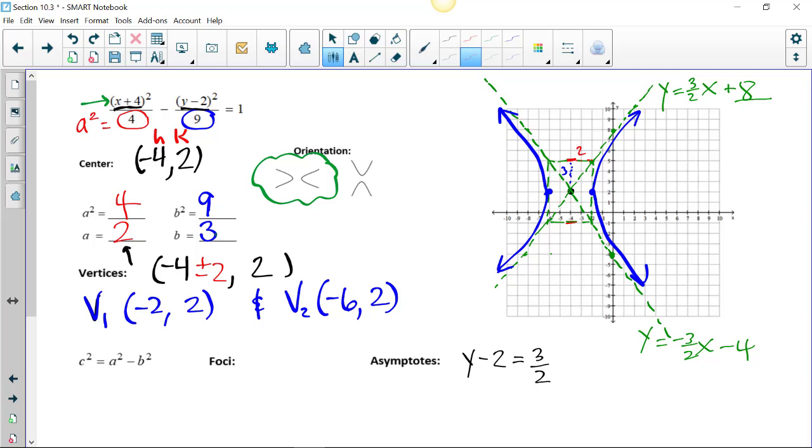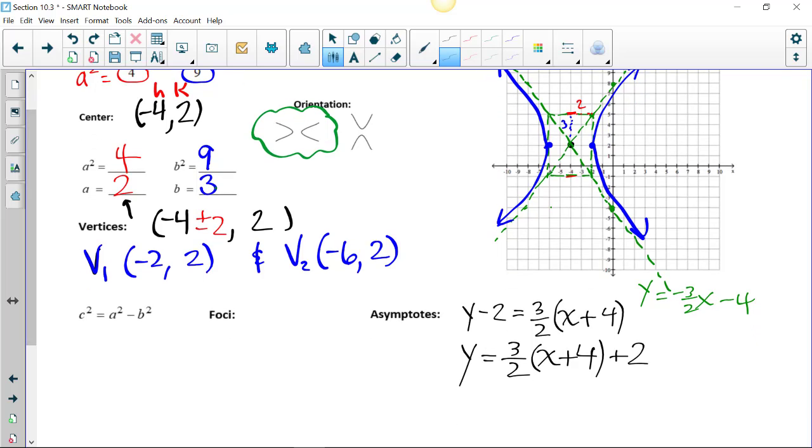It happens to be b over a this time. So 3/2 times x minus negative 4, that is x plus 4. Sometimes they like you to leave it like this, and sometimes they have you move the 2 over. If you're giving your asymptotes in MyMathLab, they will be okay with you leaving it in one of these two forms.